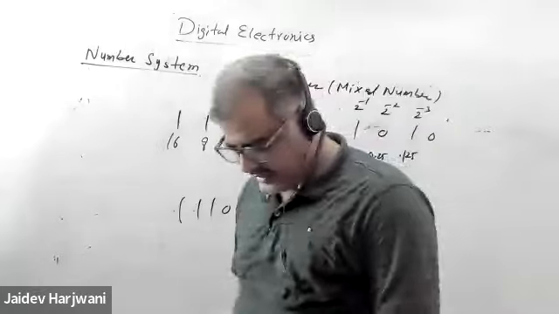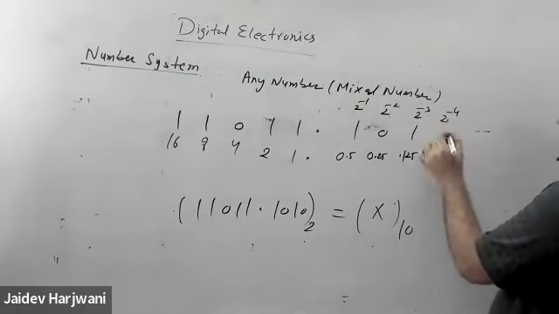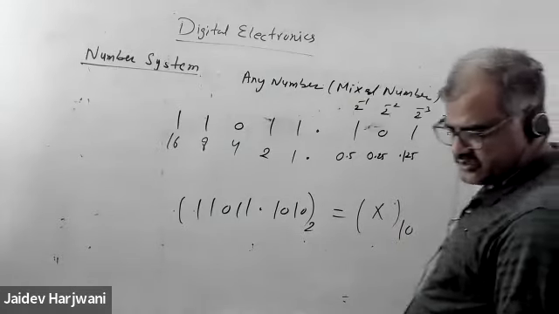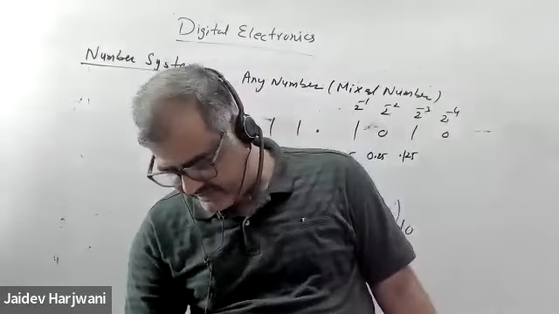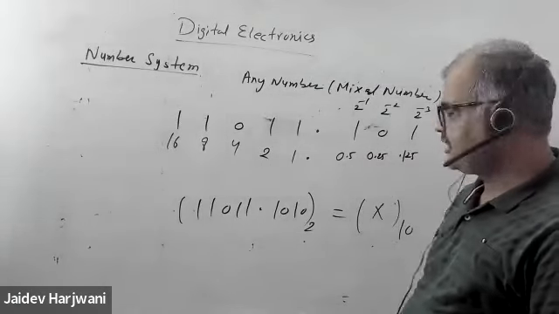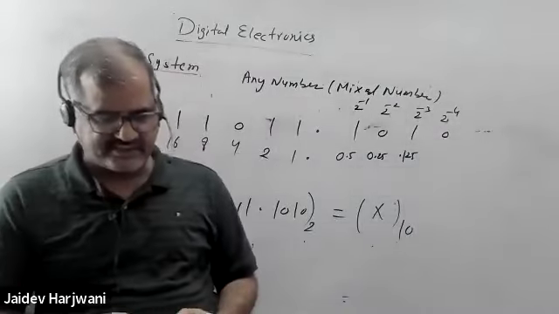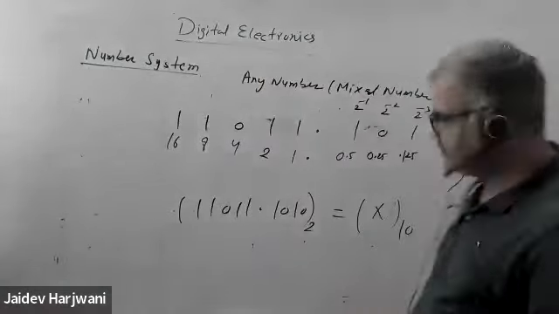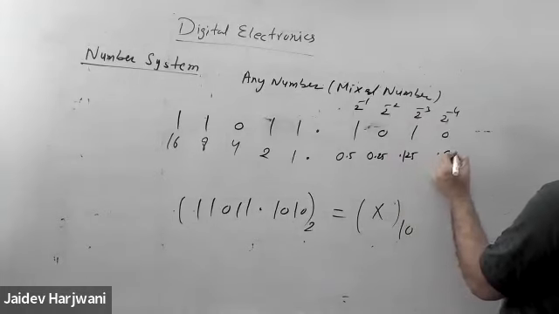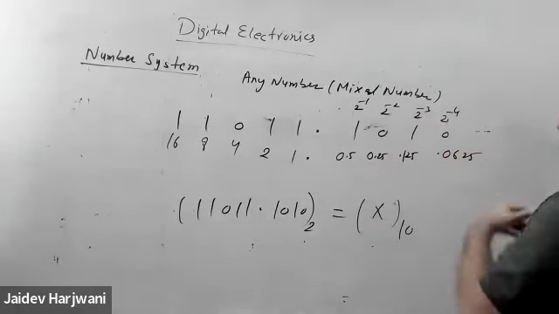And similarly the last digit, 2 power minus 4, is 1 by 16. 1 by 16 is equal to 0.0625.